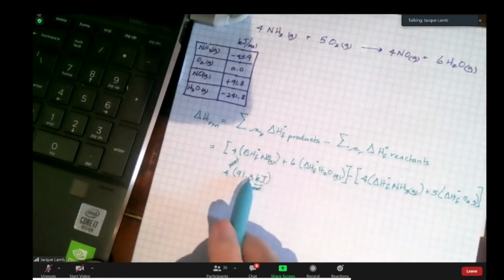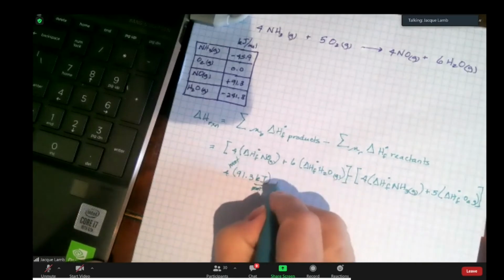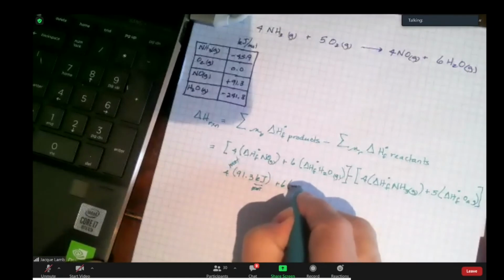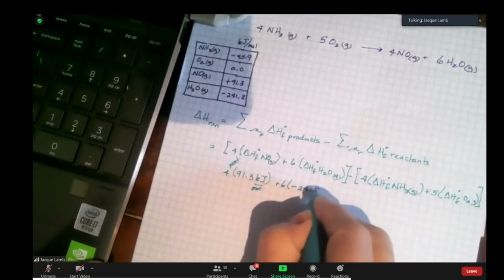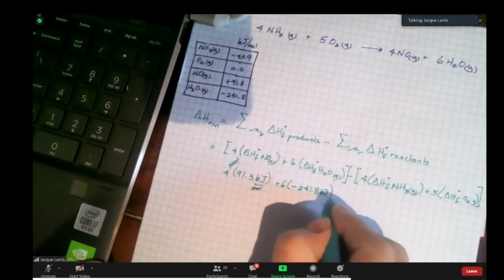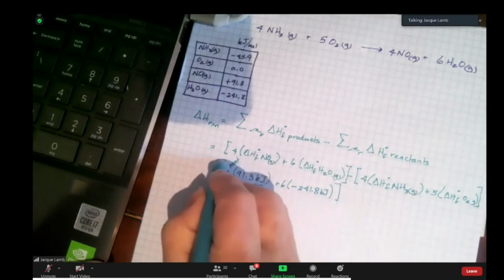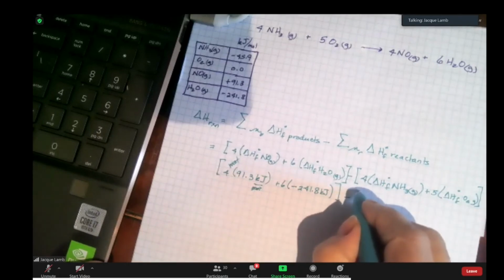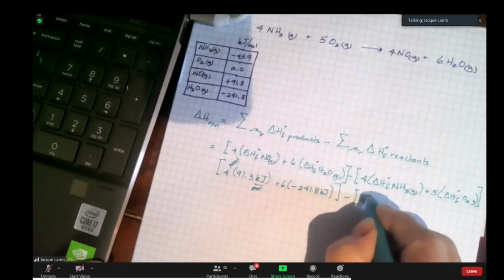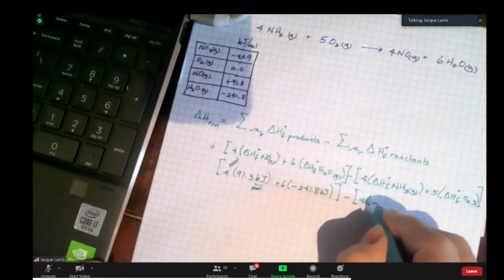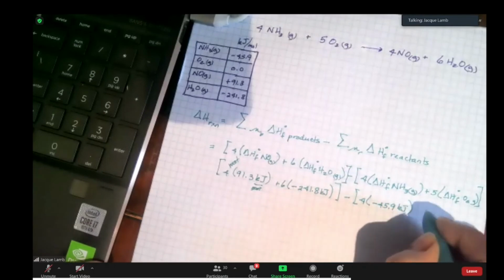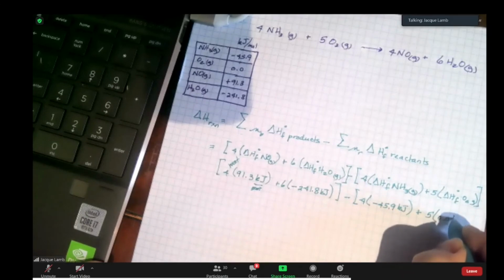So 4 times 91.3 kilojoules plus 6 times negative 241.8 kilojoules. That's the product side. And we subtract from that the reactant side, which is 4 times negative 45.9 kilojoules plus 5 times 0.0 kilojoules.